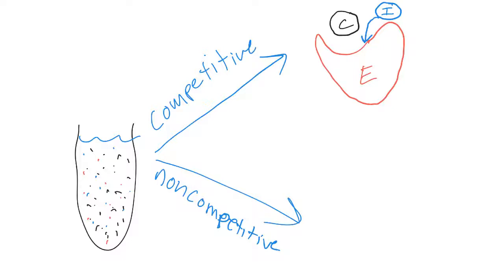But if we add more of this substrate, just by adding more, you would have more likelihood of having a catechol bind to the enzyme rather than the inhibitor.